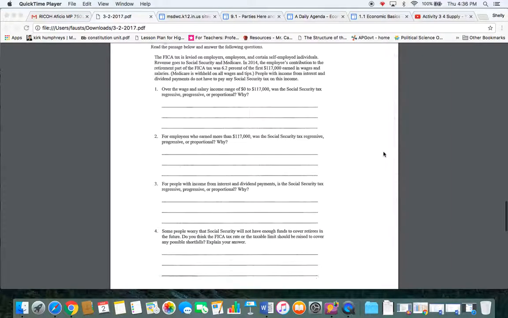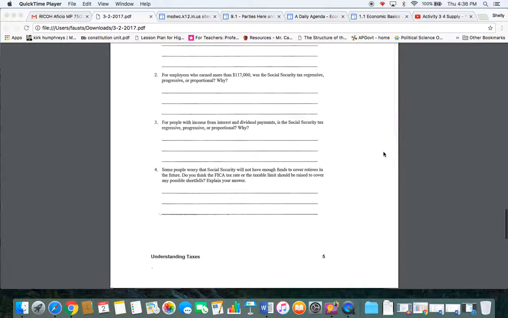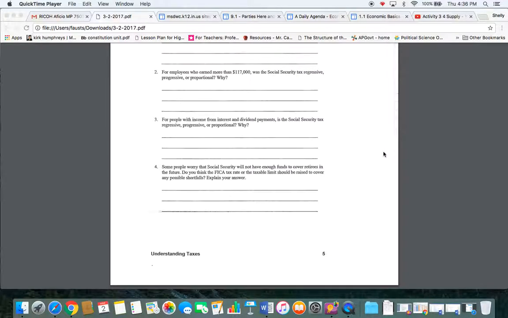For people with income from interest and dividend payments, is it regressive, progressive, or proportional? So think about this. We are all paying 6.2%. Those wealthy people, and that's who typically make their money off of interest and dividend payments, these are people who have investments, who have money in the stocks and bond market. They are getting paid dividends.